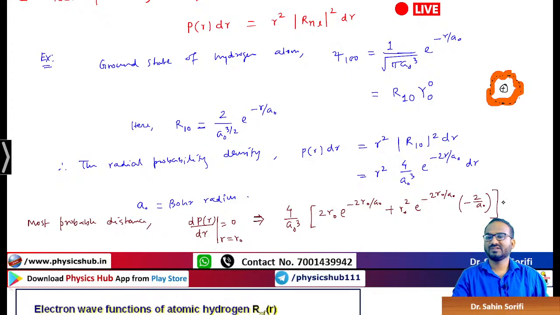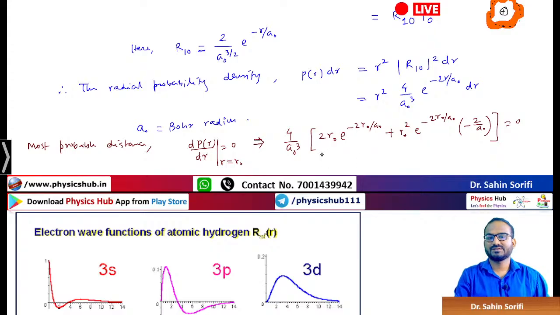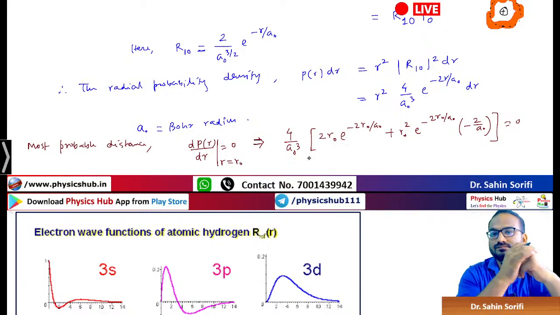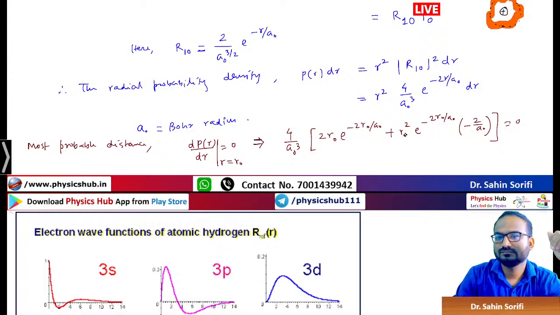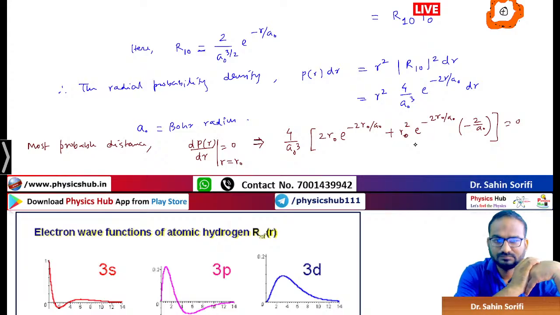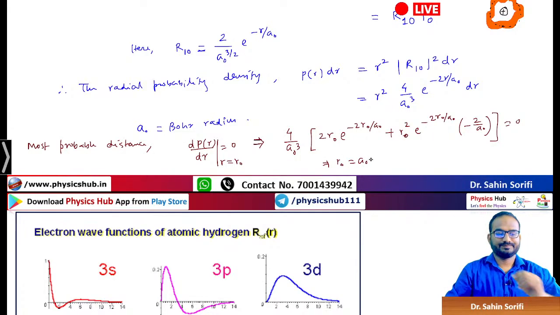This is equal to 0. Now absorb all the constant and exponential parts. Taking the exponential part common, 4 by a naught cubed is absorbed with 0, and e to the power minus 2 r naught by a naught cannot be 0, so it is also absorbed. This 2 is also absorbed. So what are you left with?